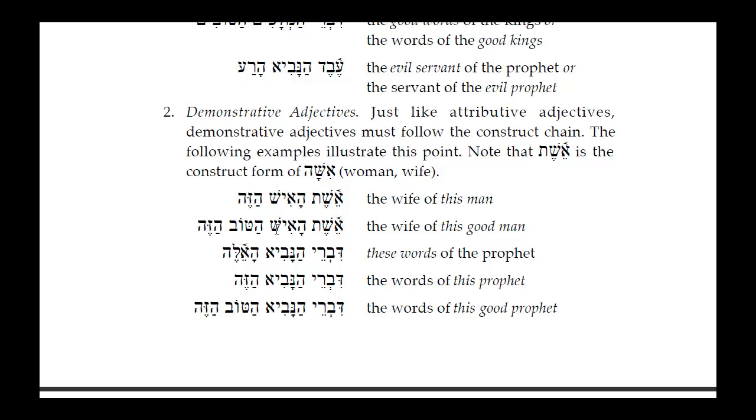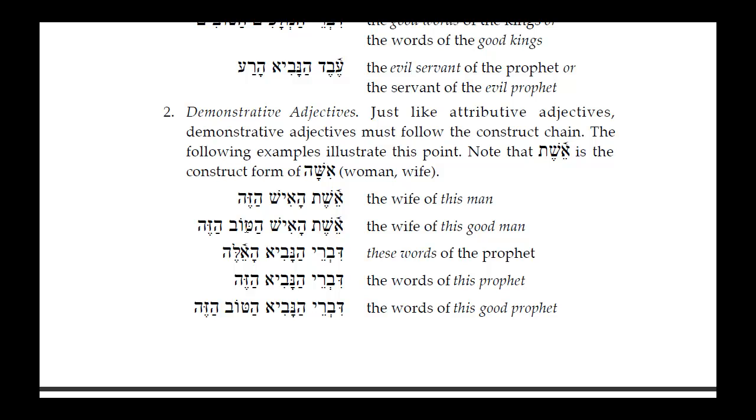Eshet, Ha'ish, Hatov, Hazeh. We have the construct noun: the wife of this good man. And so basically you see how we have the demonstrative adjective after the attributive adjective here.